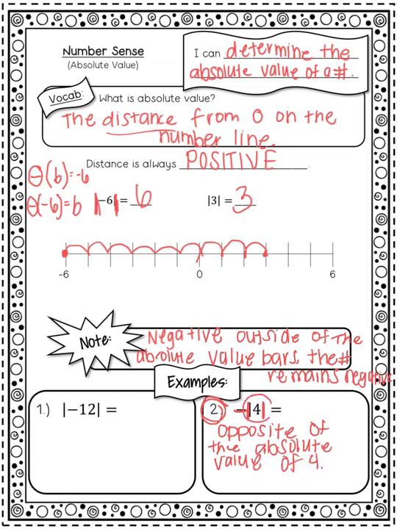Starting off, what is the absolute value of 4? It is simply 4. What is the opposite of that? It is negative 4. Therefore, our answer there should be negative 4.